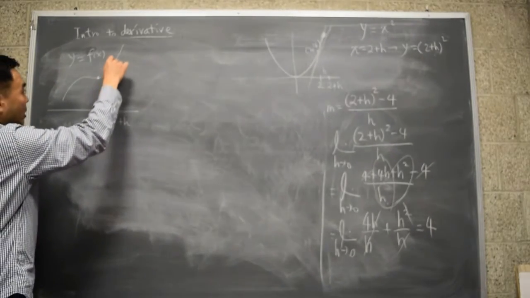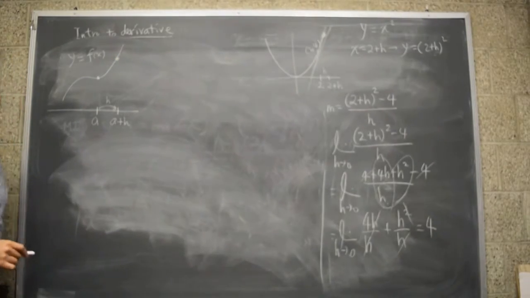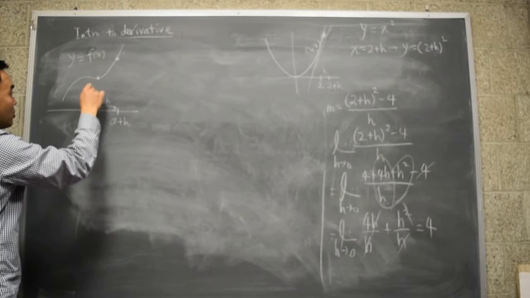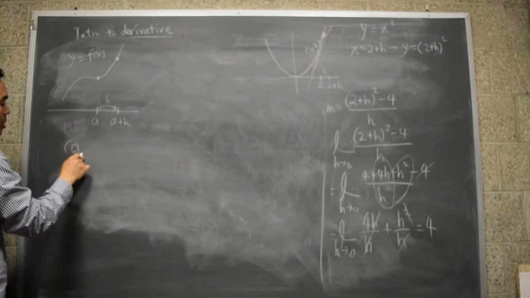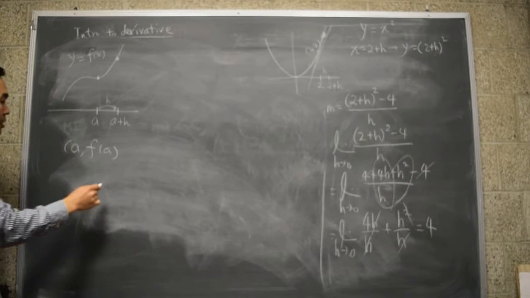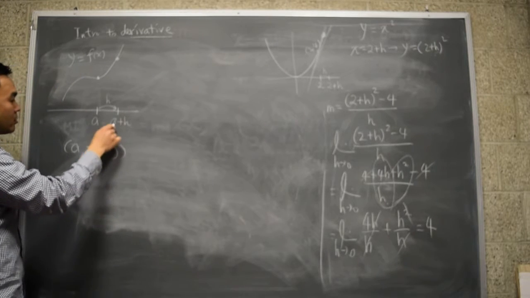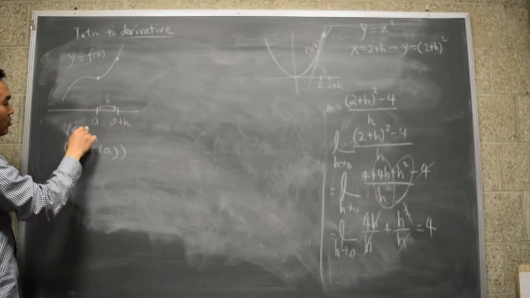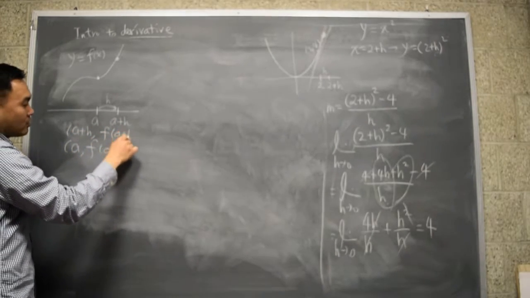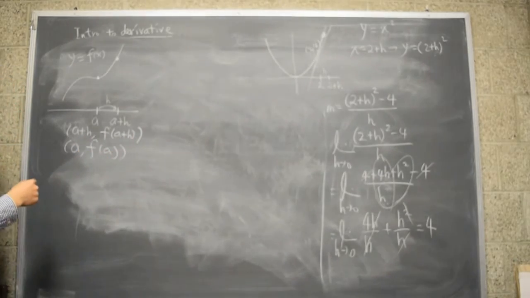Then if you evaluate the function at 2 points, a and a plus h, this point will be a comma f of a, because you're plugging in a into x. Right? And this other point will be a plus h comma f of a plus h. So these are the 2 points.